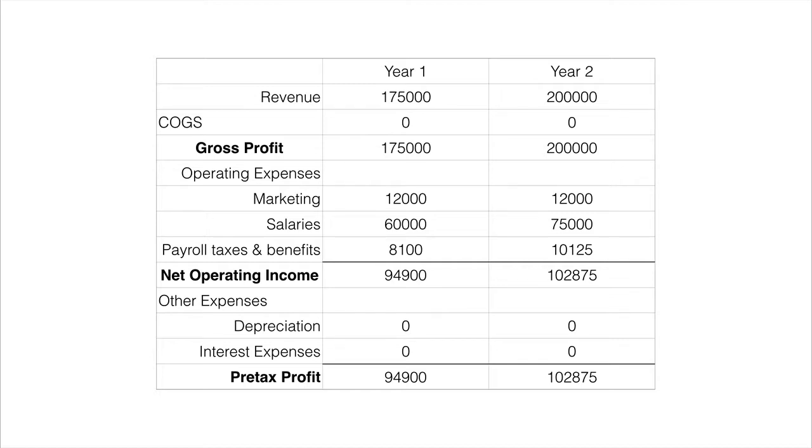We have a net operating income of $94,900. Because there aren't any depreciation or interest expenses in this company, there's no loans and no assets that we're taking depreciation on, net operating income drops directly down to pre-tax profit. And this is the all-important number that we want to use in a lot of different calculations, pre-tax profit.